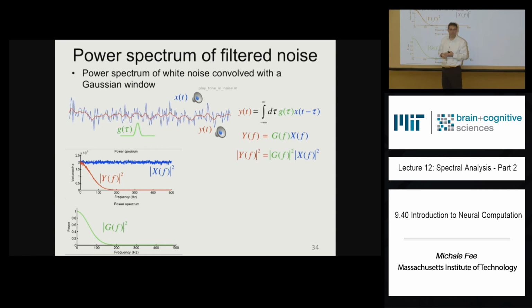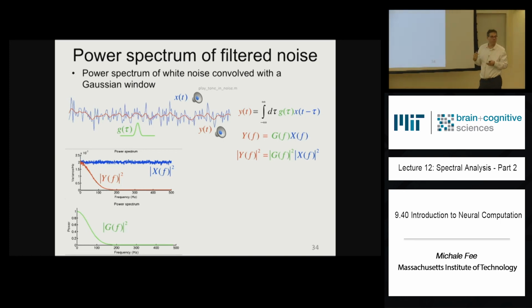You've probably not heard of it, but what would a band pass filter look like? It would just pass a band. So it would be 0 here, be big somewhere in the middle, and then go to 0 at higher frequencies. Okay? Does that make sense? Any questions about that? Okay, good.